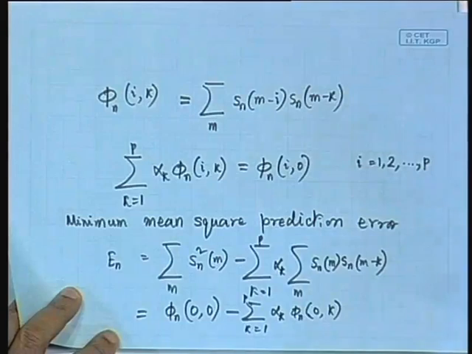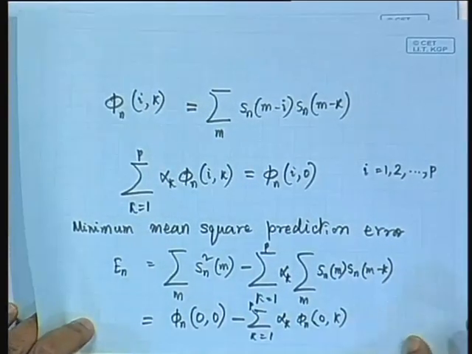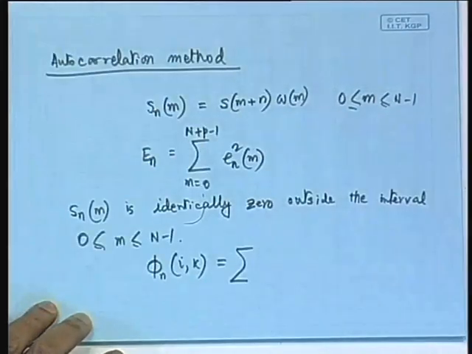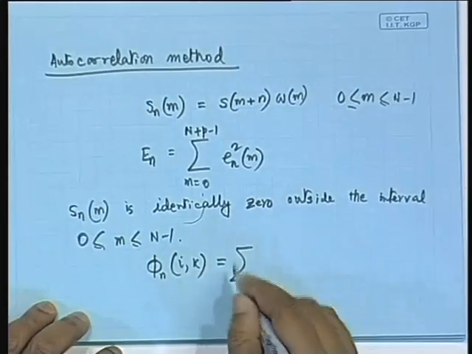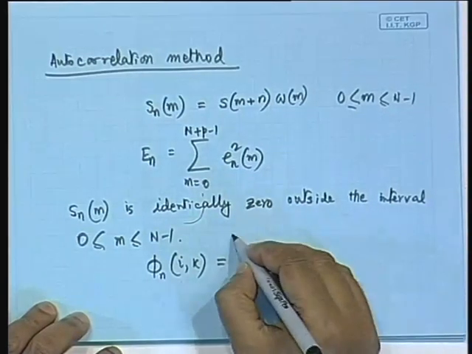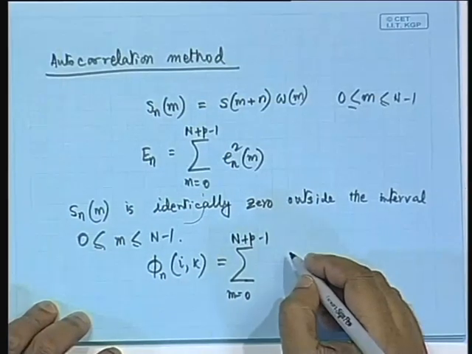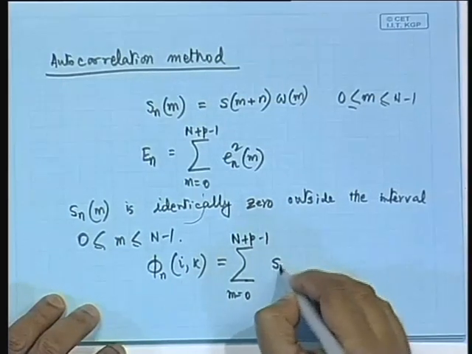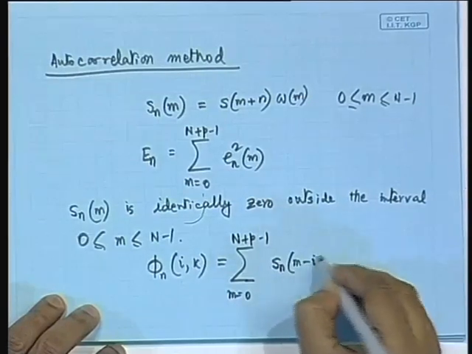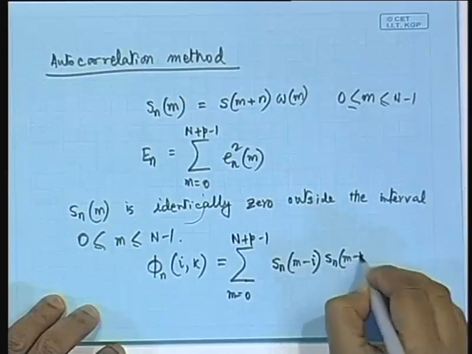So whatever infinite summation I had intended to write effectively gets truncated to a finite summation, and that finite summation will be nothing but m equal to 0 to N plus p minus 1, and then we have to write the same thing, that is Sn(m) minus i, Sn(m) minus k, okay.